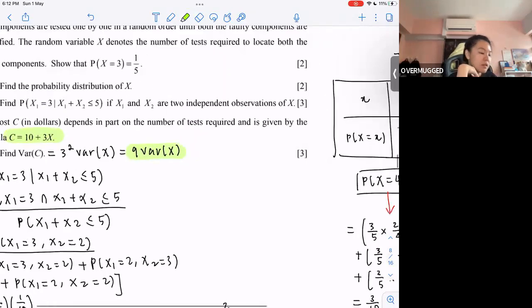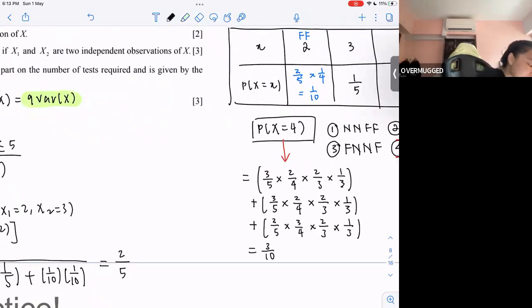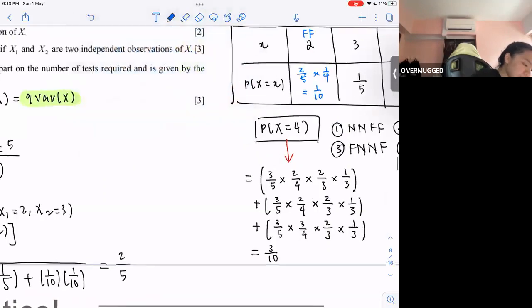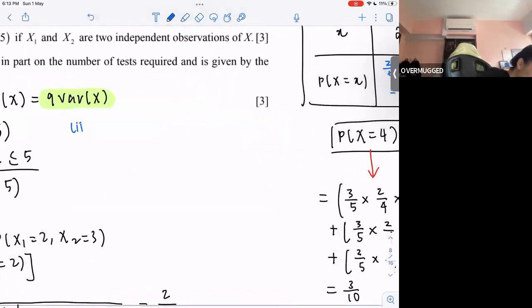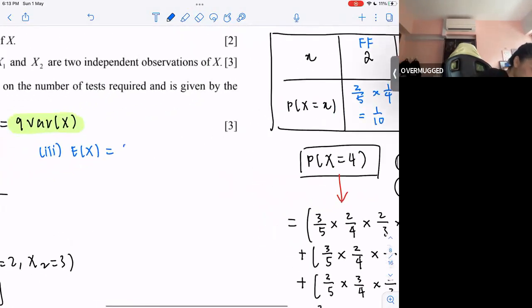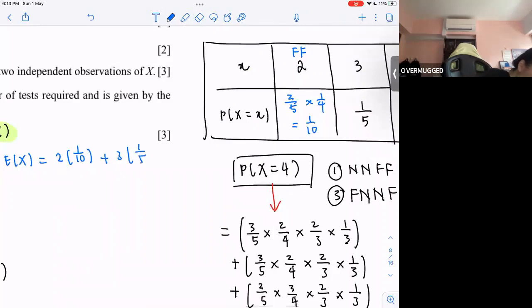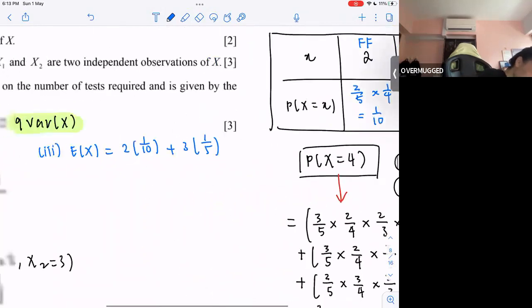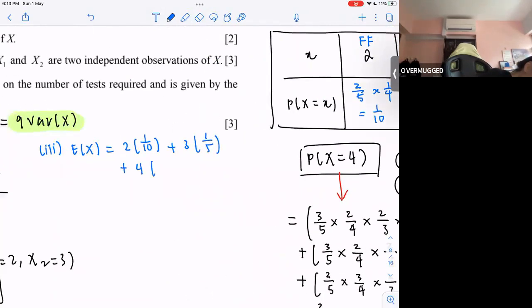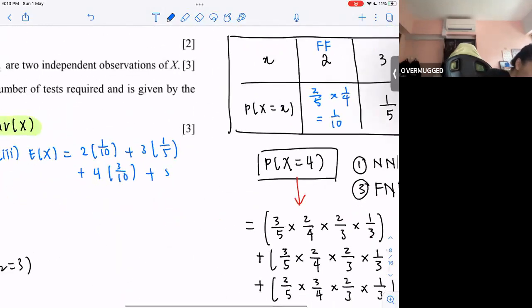And to do that, I need to find my expectation first, right? So this will be part 3. My expectation of X, I will just use my probability distribution table here. 2 times 1/10 plus 3 times 1/5 plus 4 times 3/10 plus 5 times 2/5, right?